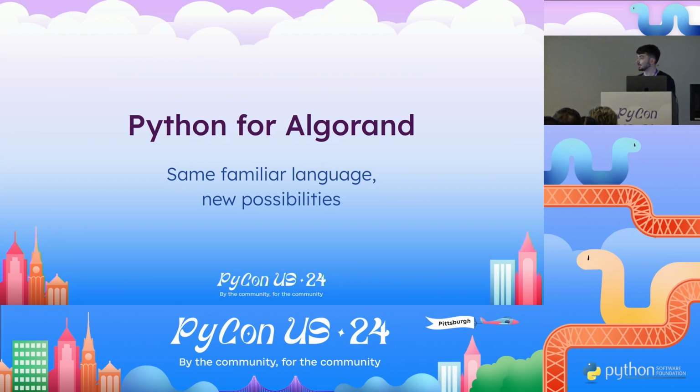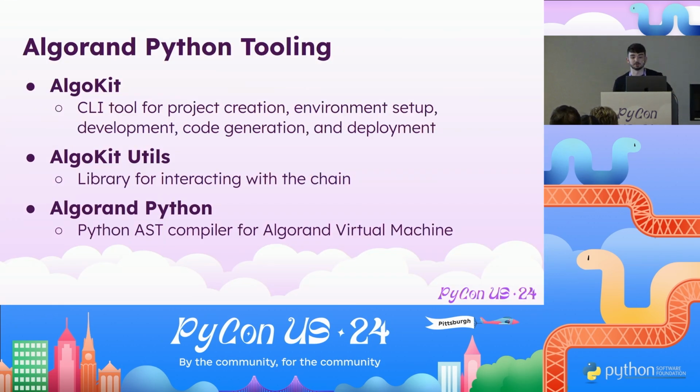Now, let's get to what we're all here about, Python. On Algorand, you can build smart contracts, front-end, back-end code, all using Python. So same language we all know, but we can now leverage new blockchain infrastructure. This is a high-level overview of what Algorand Python tooling looks like.